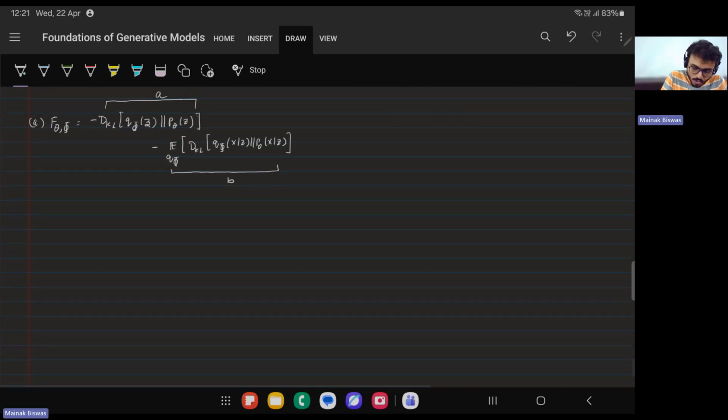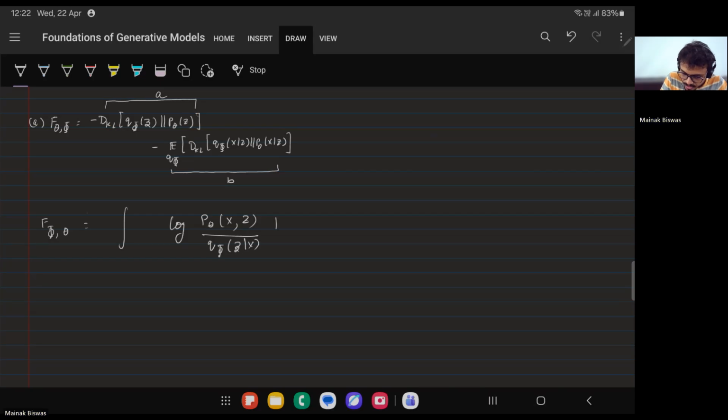So let us write this ELBO down. We know the ELBO for theta and phi, if you want to write it down, it is the expectation of log of P theta of x comma z by q phi of z given x.